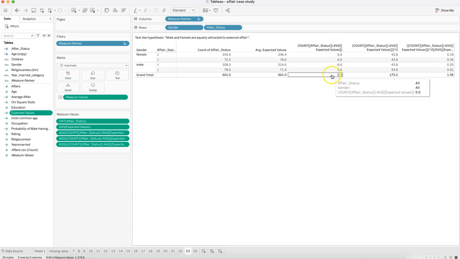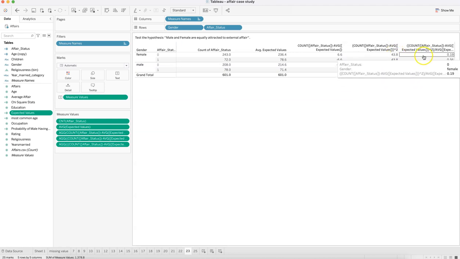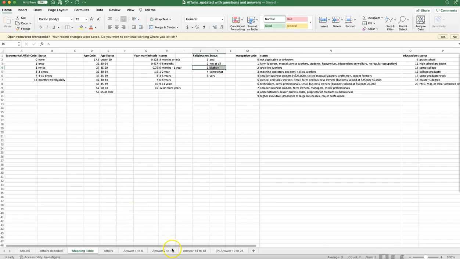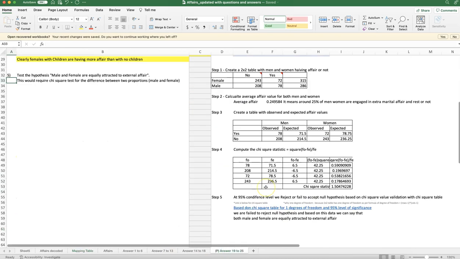So this is observed minus expected, then observed minus expected squared, and then that square divided by expected value. Whatever is the output, you take the sum, and that becomes the chi-square statistic, 1.56, right? This is the 5-step method, and this is something I've shown in this 5-step method over here as well.